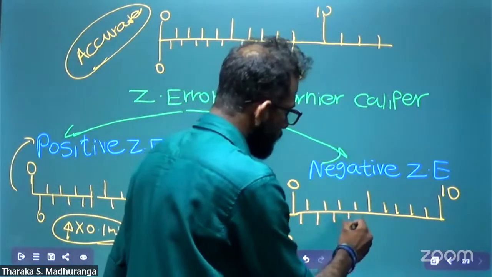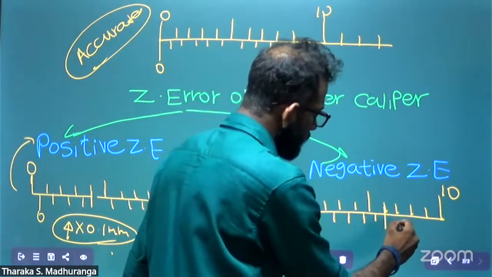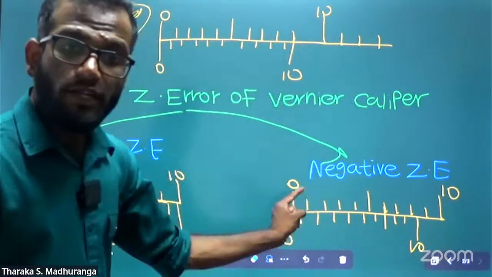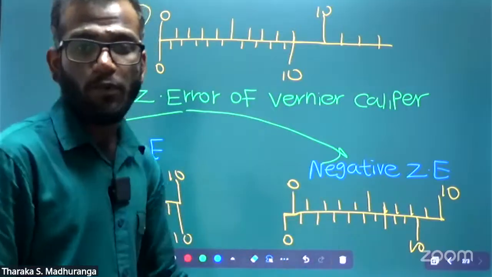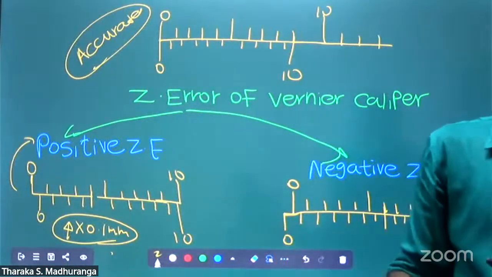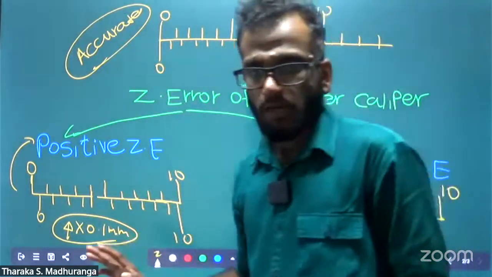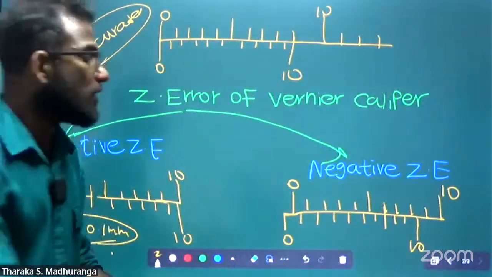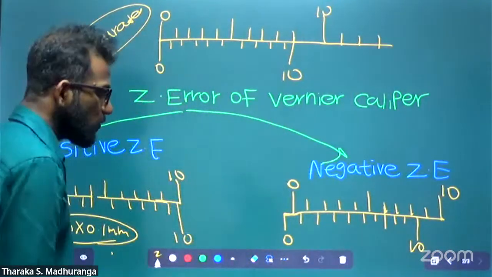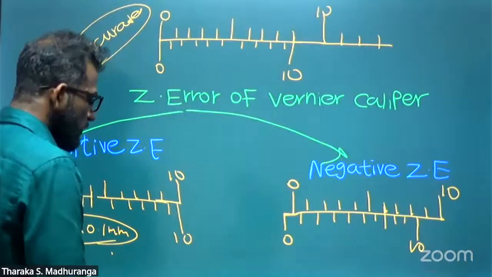1, 2, 3, 4, 5, 6, 7, 8, 9, 10. Like this. Then how do we get the negative zero error? This is the most important. For negative zero error we cannot just multiply coincide parts by the least count. For that, we need the total number of vernier scale parts.